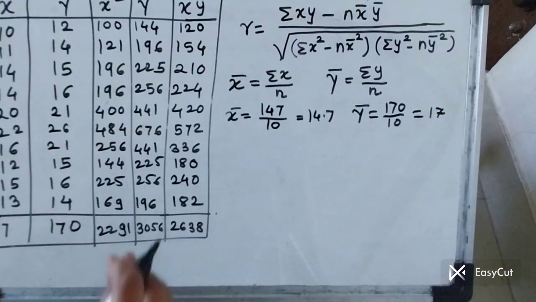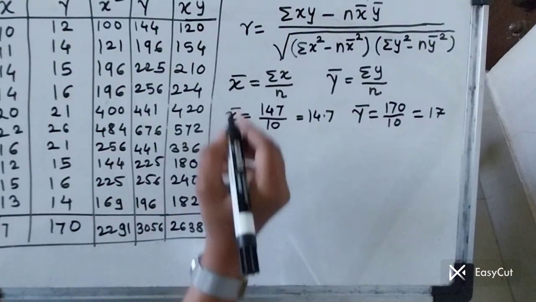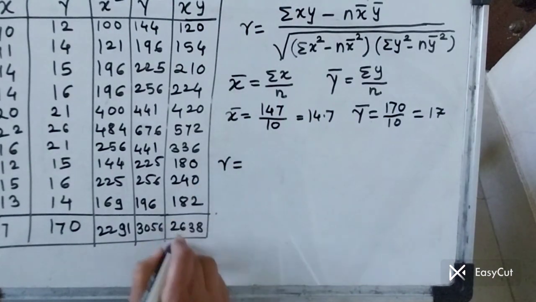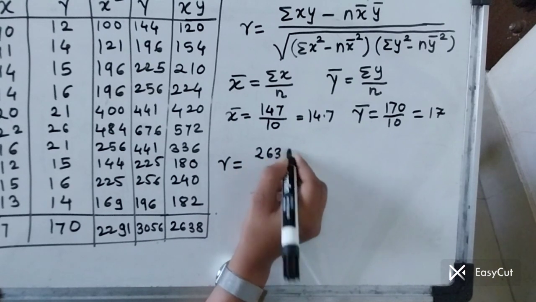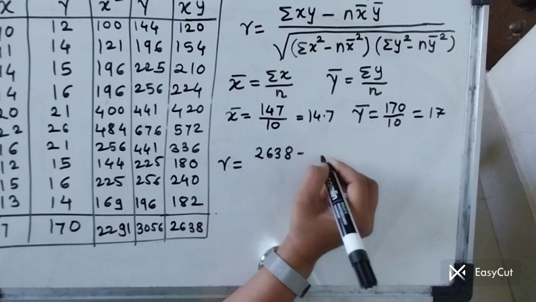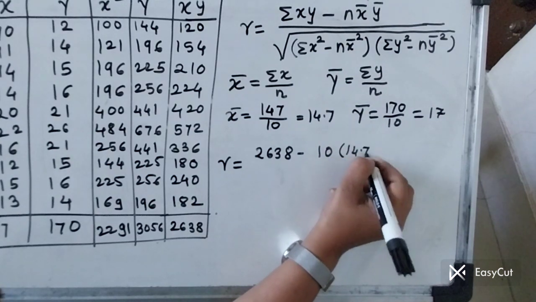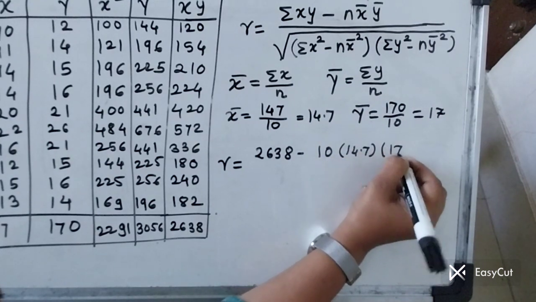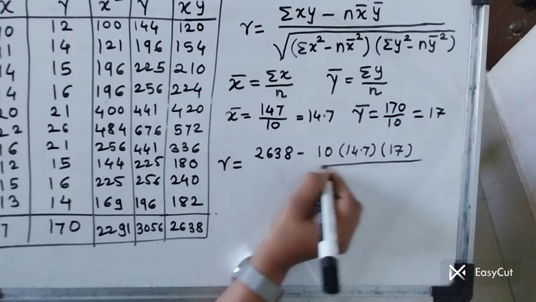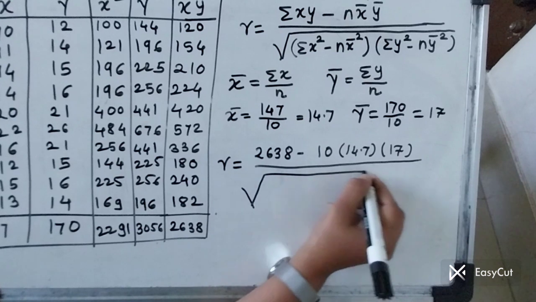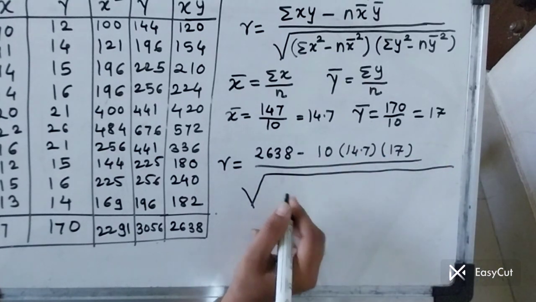Okay. Put all values in the formula and find r. r equals, see, summation xy is this 2638 minus n, n is 10, x bar is 14.7, y bar is 17, whole divided by under root. Just put all values.